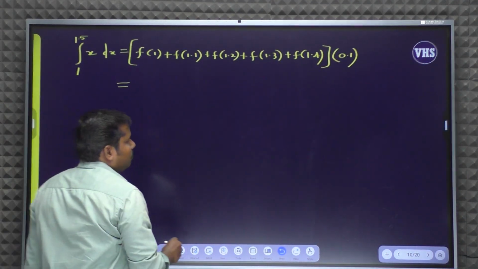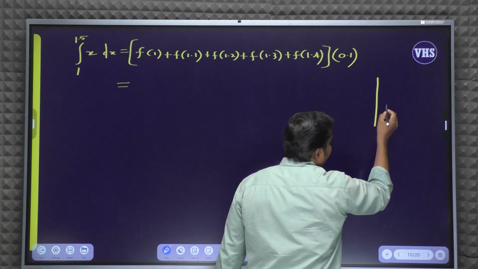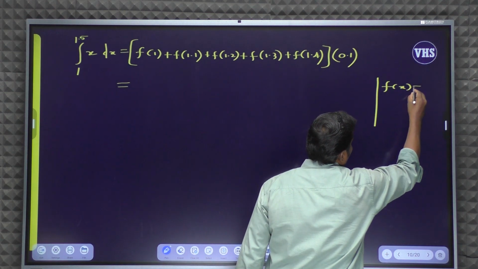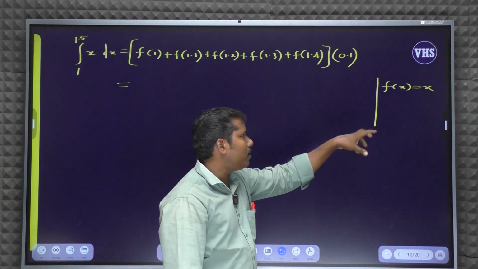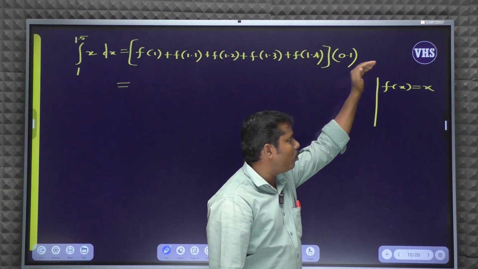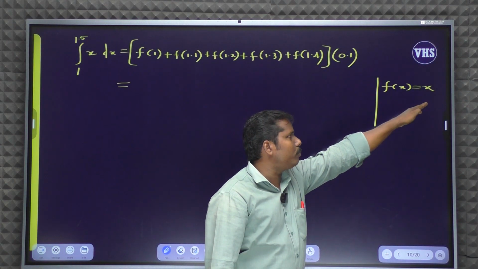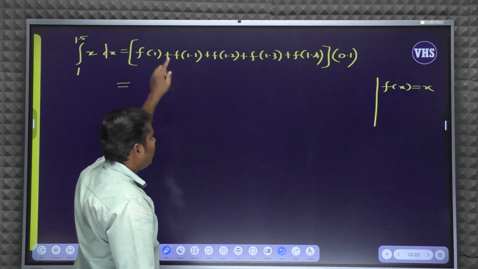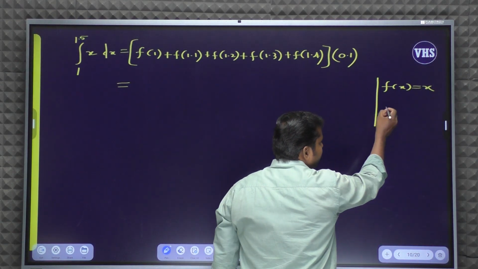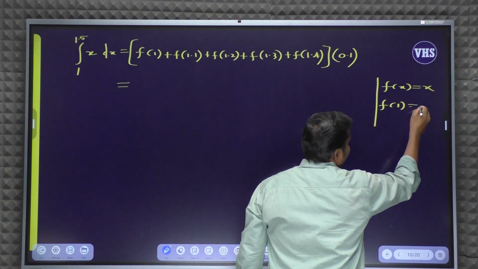Students, in our question it has been given that f of x is equal to x, which means it is an identity function. Whatever input you give for x, the same output will come up. 1 means output 1, 2 means output 2. So f of 1, if you give 1 here, what are you getting? 1 itself.